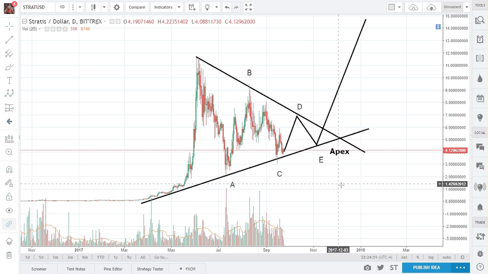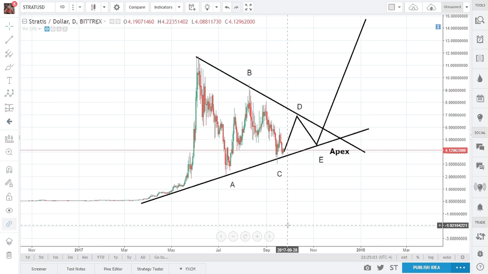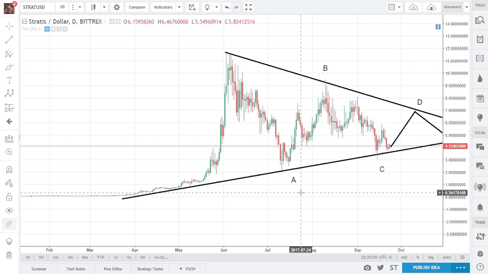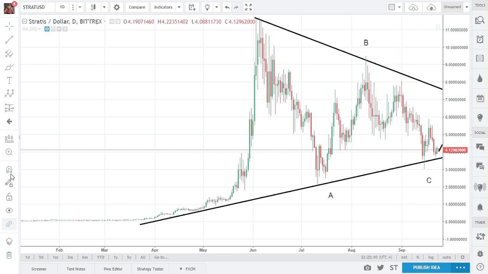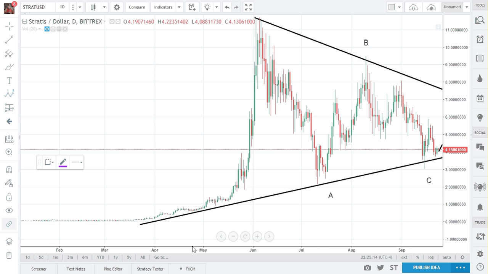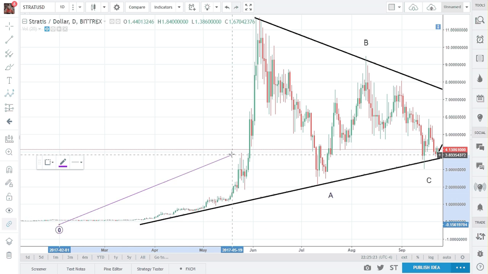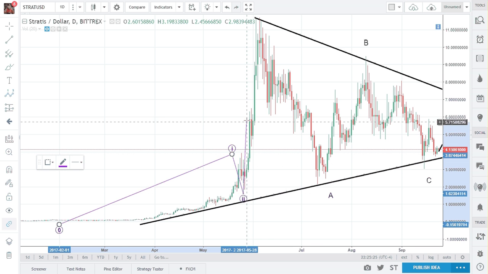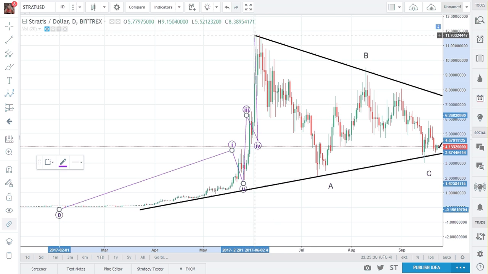Let's get rid of this just to make it cleaner. Get rid of the volume also. So let's count. We can even say 1, 2, 3, 4, 5.